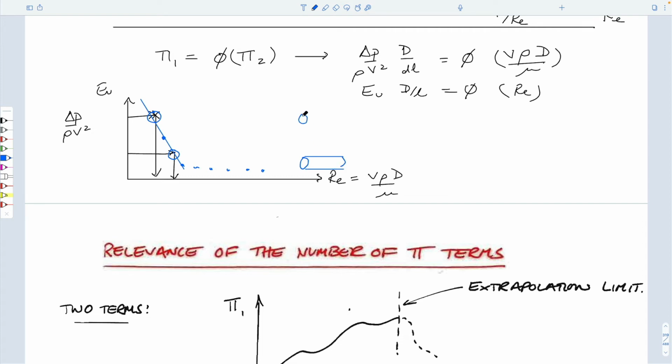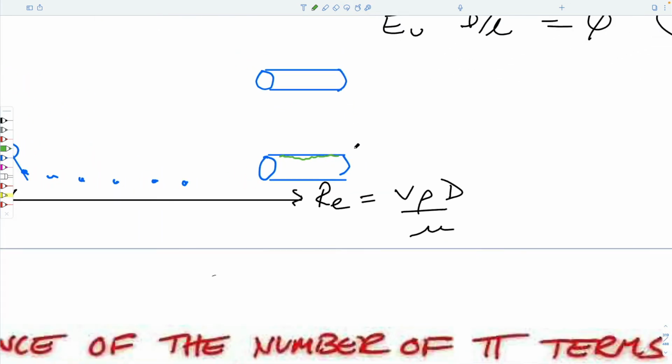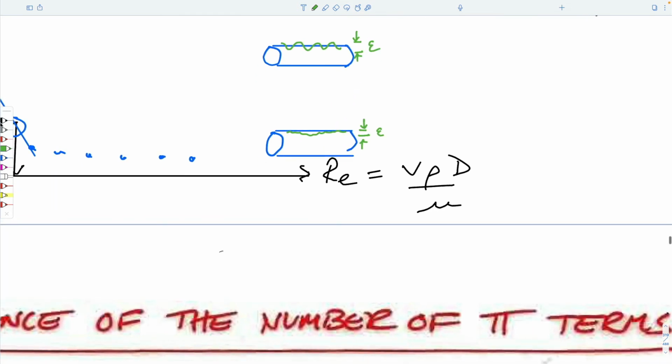and I'm going to draw two of the pipes. And if this particular pipe had some roughness on it that was really kind of small, so in other words, we talked about it last time, this roughness, which we'll call epsilon, versus the roughness on this pipe, which is much bigger, which is epsilon, which would just be a length.